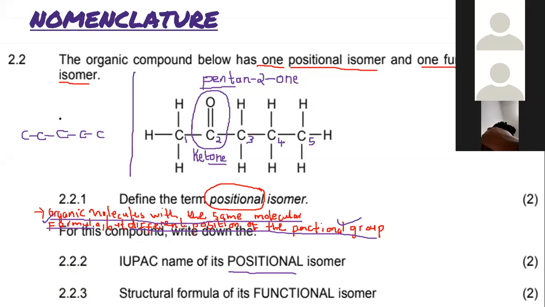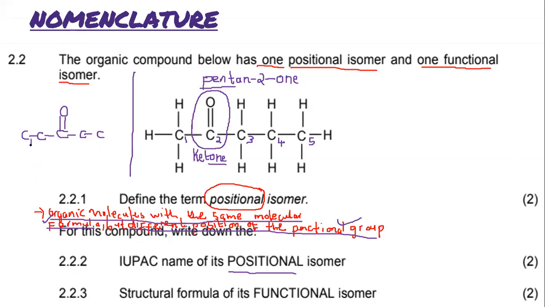Right there, let's make it look nice. There we go. Now, how do I know this is position 3? Because if I number from left to right, it's 1, 2, 3, 4, 5. If I number from right to left still, it will be 1, 2, 3, 4, 5. So this will still be on carbon number 3.